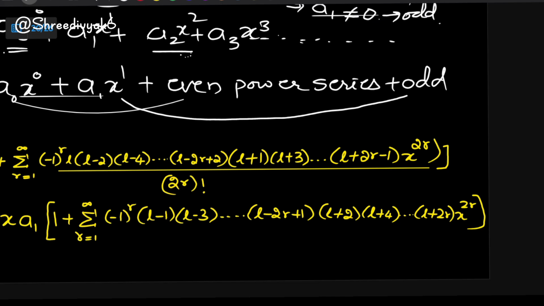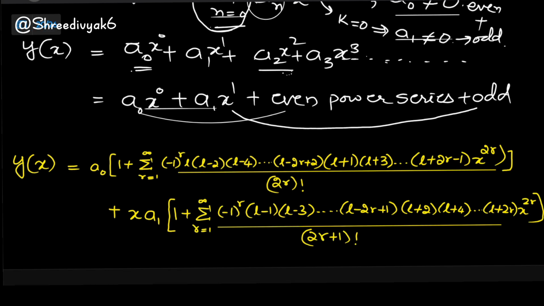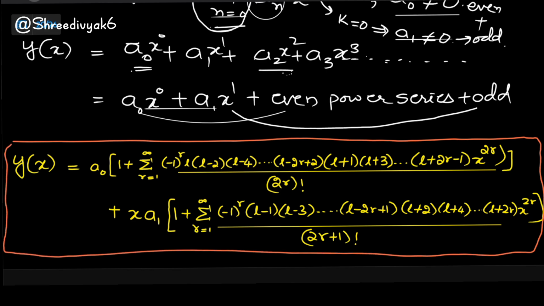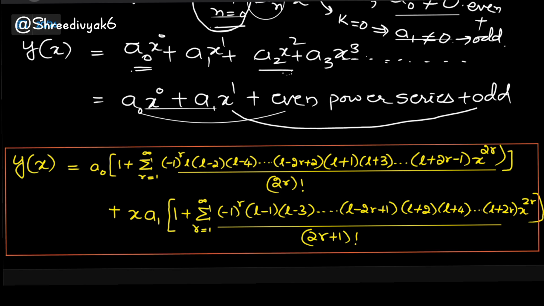The whole thing divided by 2r plus 1 factorial. Now this is the assumed solution that we have considered as a solution to the Legendre differential equation.